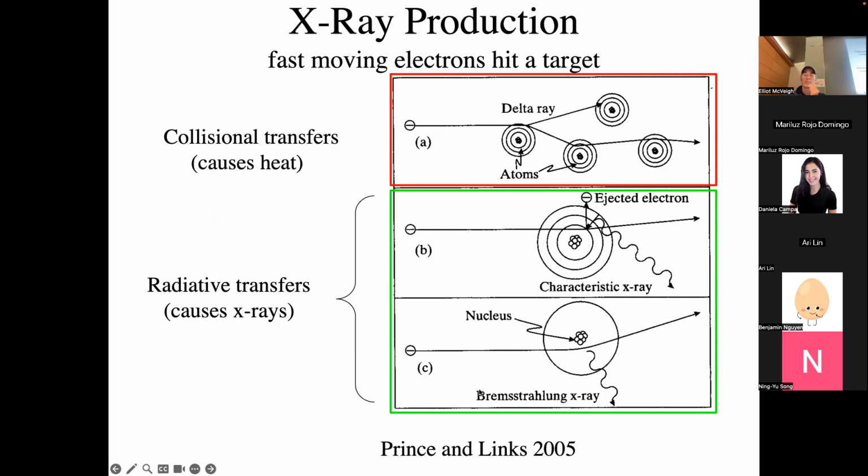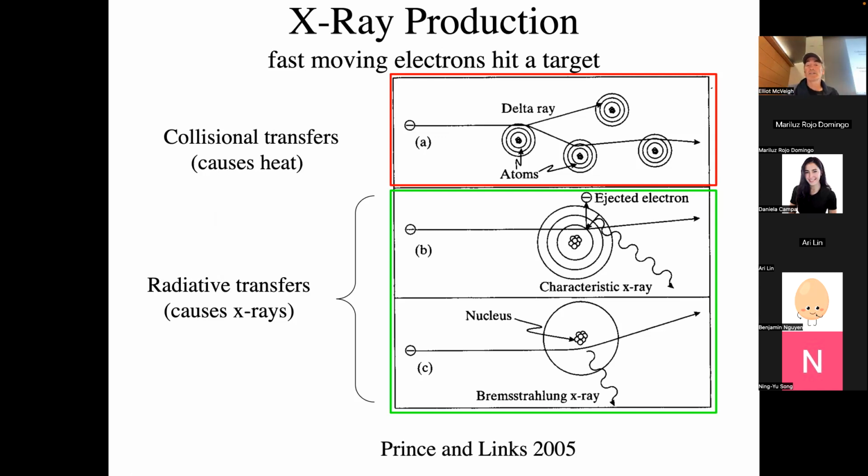But the primary source of X-rays is from bremsstrahlung. Bremsstrahlung is the German word for braking. And braking, not snapping, but braking, like hit the brakes, right? And so the electron comes along, it gets close enough to the nucleus to interact, and the trajectory of the electron is diverted. It bends.